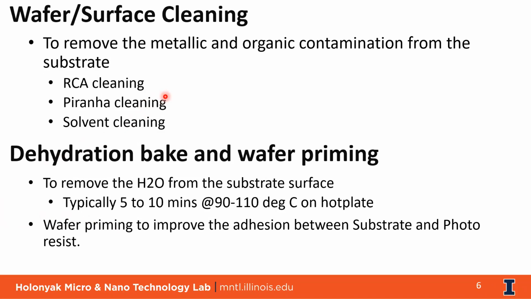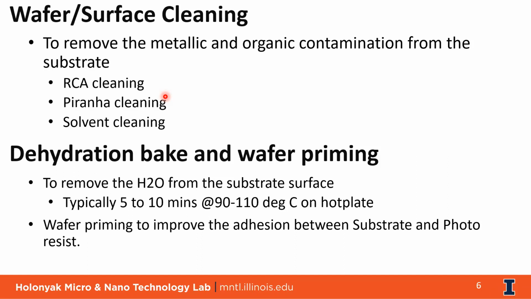Start with RCA cleaning, RCA1 and RCA2, to remove the metallic and organic contamination. The second step is something called a Piranha clean, where you use sulfuric acid and hydrogen peroxide to clean the surface. And the third one is a solvent clean, where we use common solvents like acetone and IPA to clean the wafer.